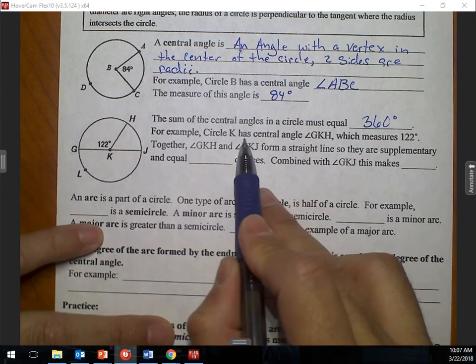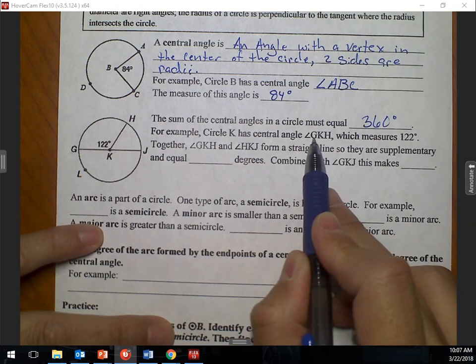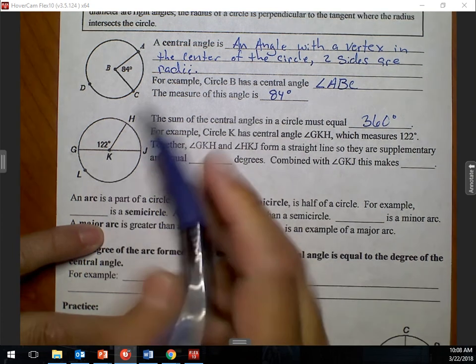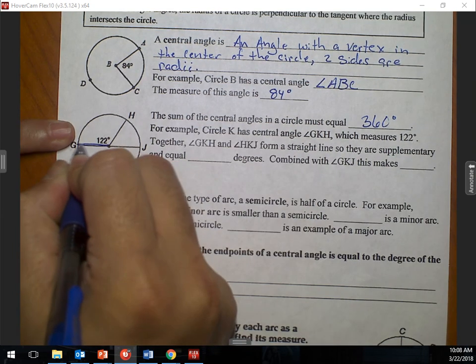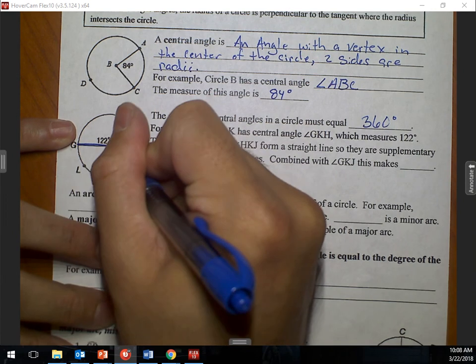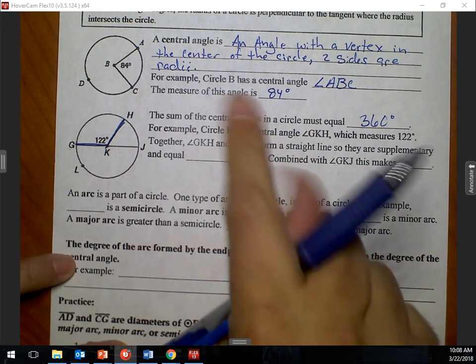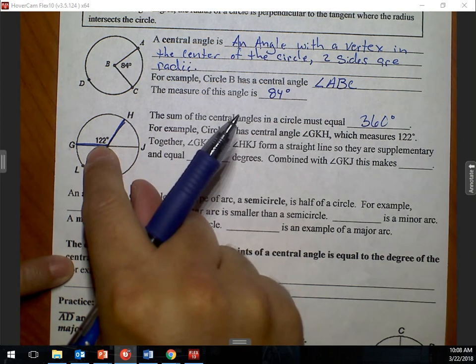Now, circle K has a central angle of GKH. This is a central angle right here, which measures 122 degrees. Yes?